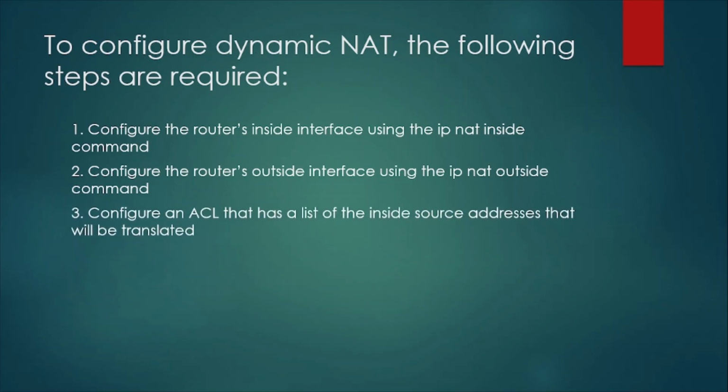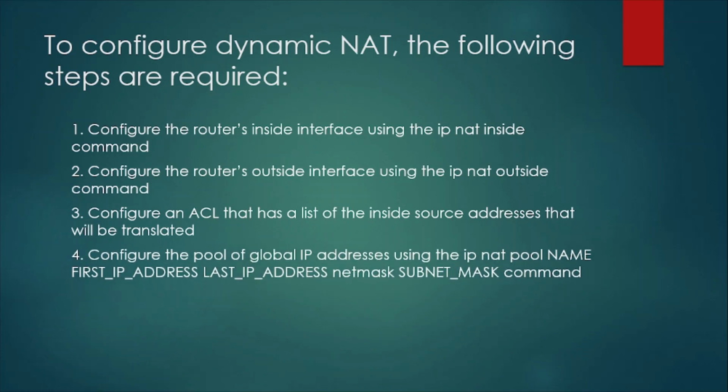The third step is configuring an access control list that has a list of inside source addresses that will be translated. We have to list the addresses which can be translated as source addresses.